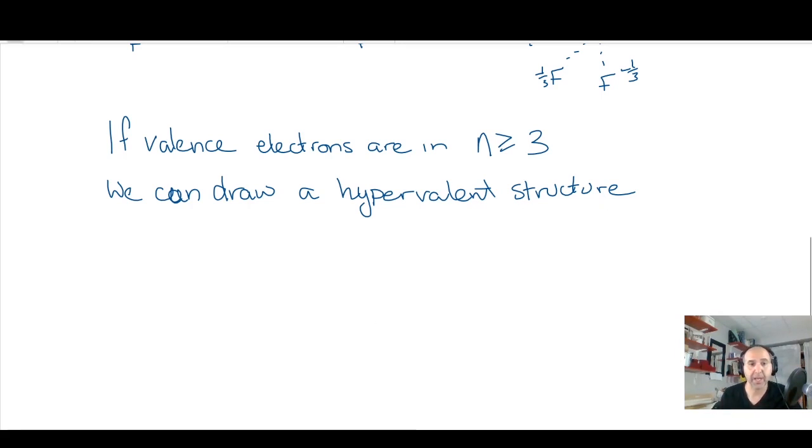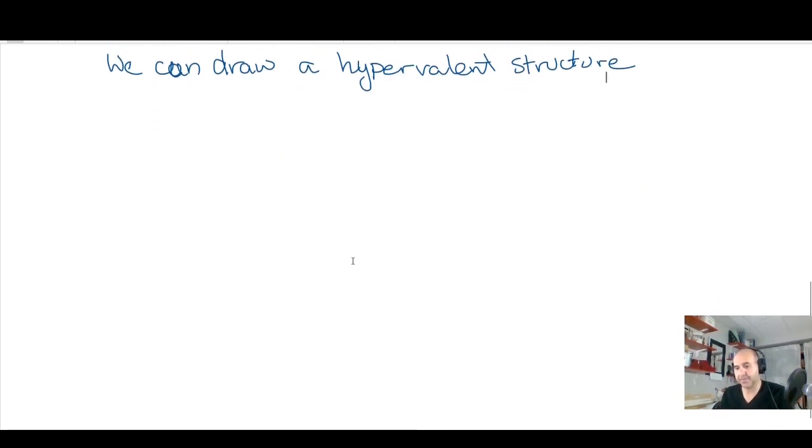Those definitely cannot be hypervalent. So we have to watch out for those. So let's look at some examples.